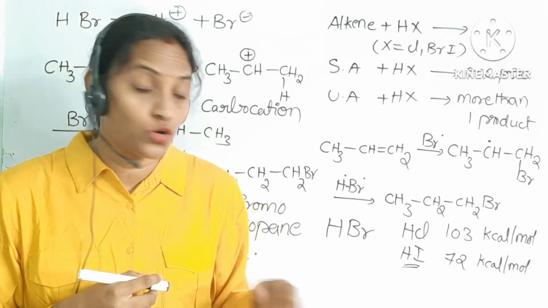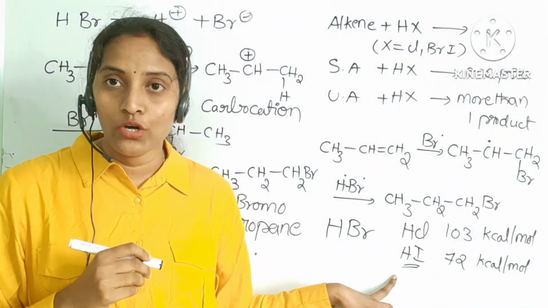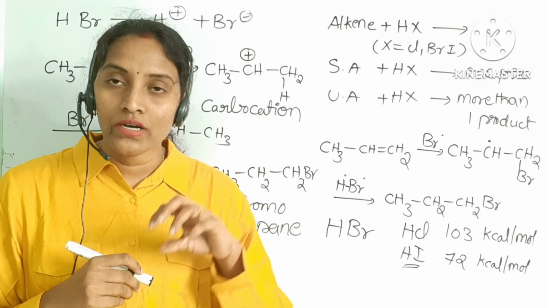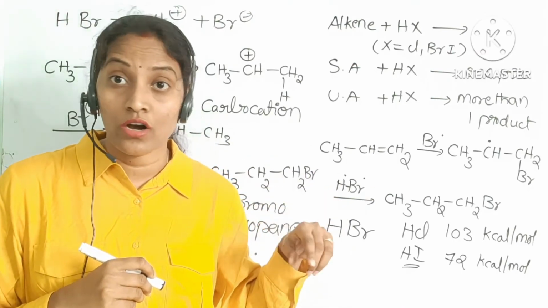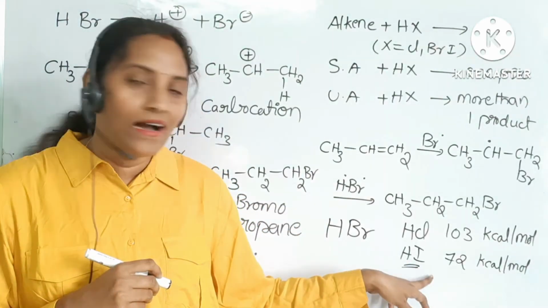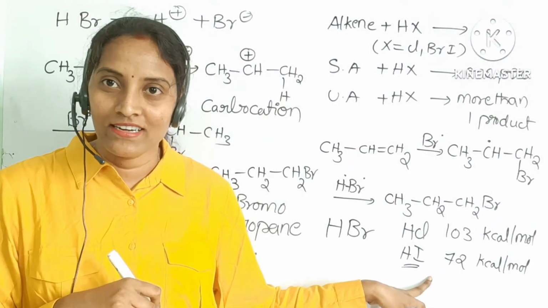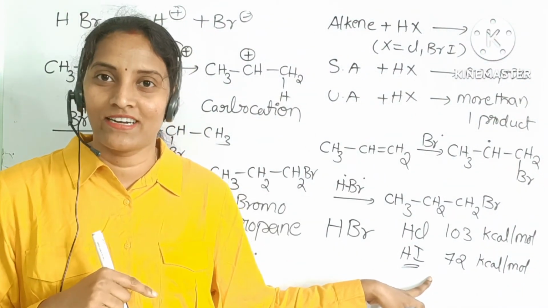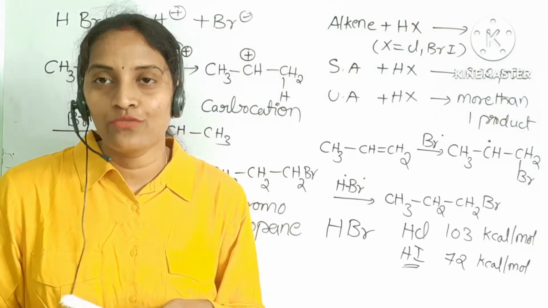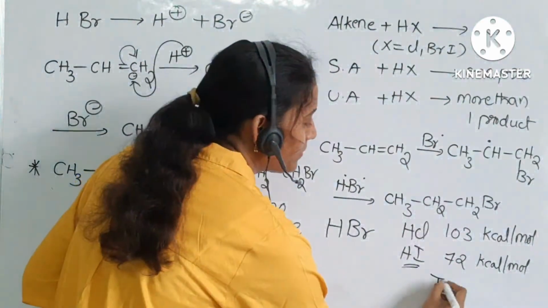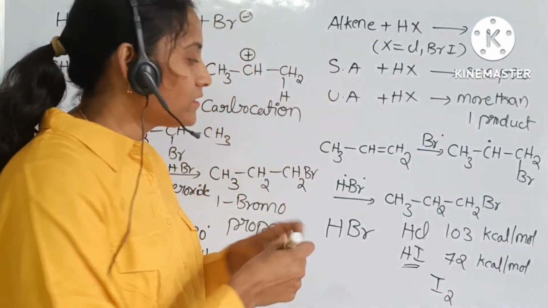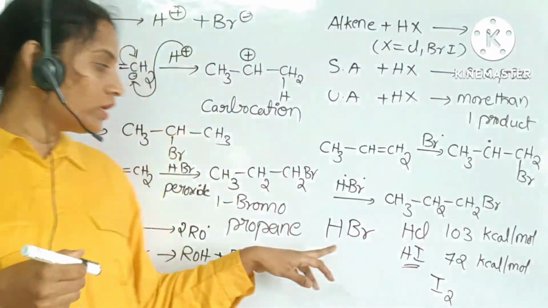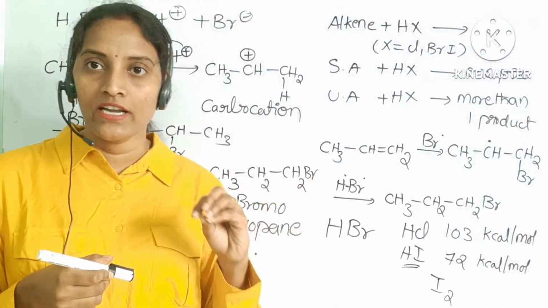Because while attacking the double bond, the iodine radicals are here. These iodine radicals react with each other and form an I2 molecule immediately. That is the reason this will not show. So only HBr shows the peroxide effect.